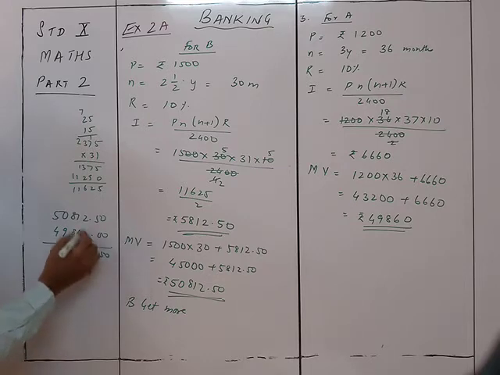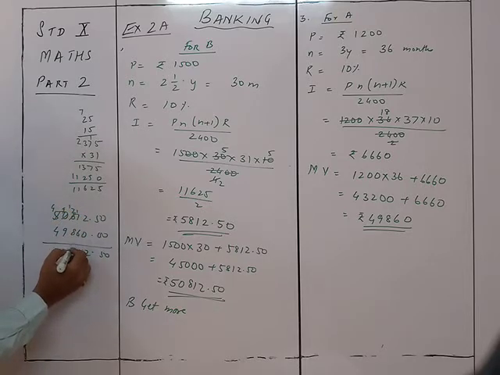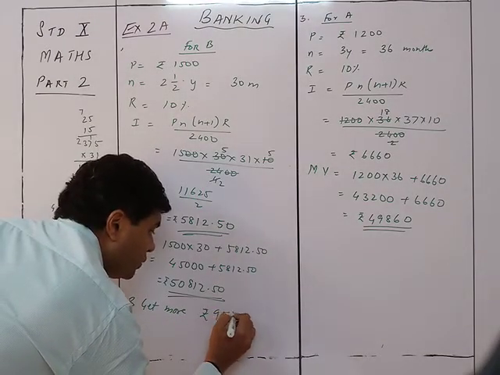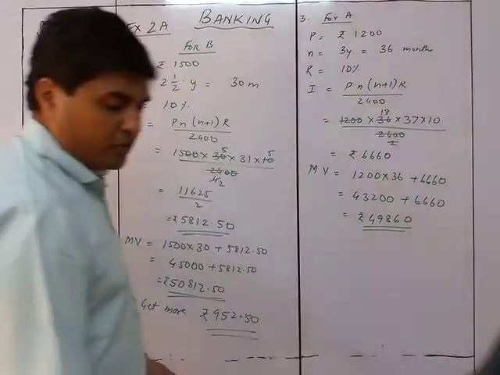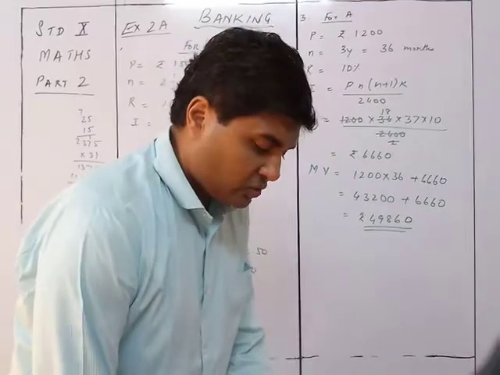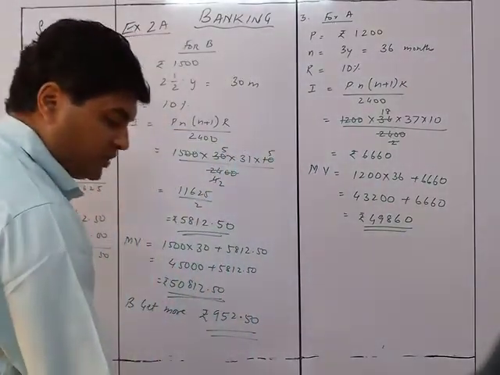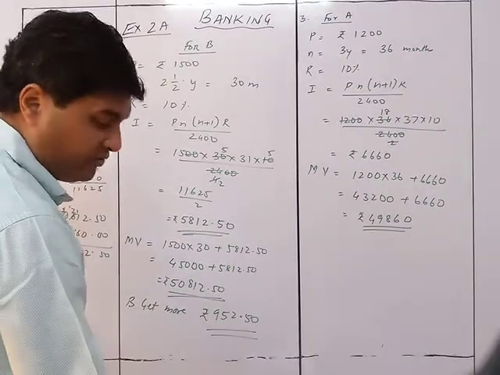That gives rupees 952.50 more that B is going to get. So we'll just check the answers also. For exercise 2A, the first one was 13050, and the third one is 952.50.